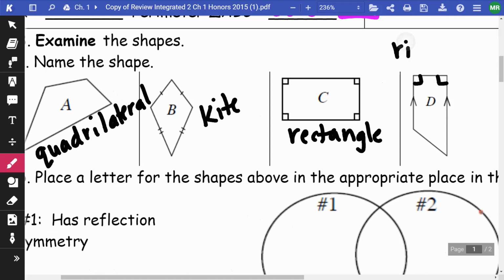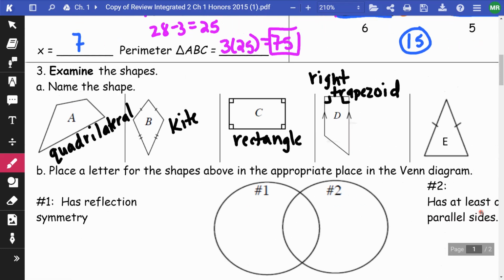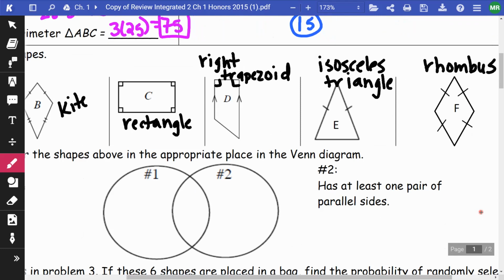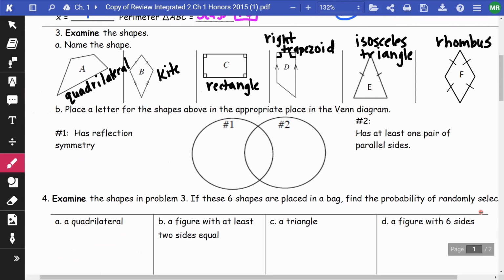So this is going to be a right trapezoid. And let's see, this one is going to be an isosceles triangle. And this is going to be a rhombus. A rhombus, by definition, is a quadrilateral where all 4 sides are the same. And so that's all of them.